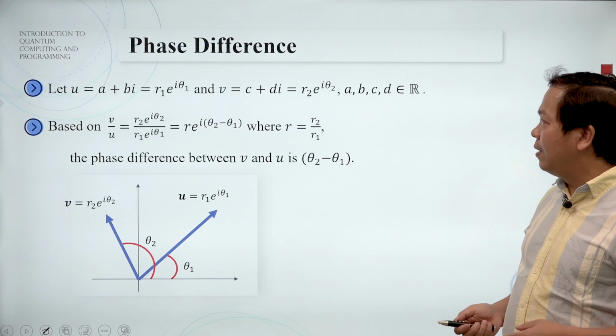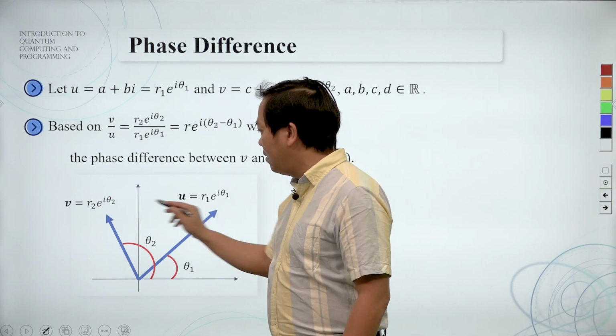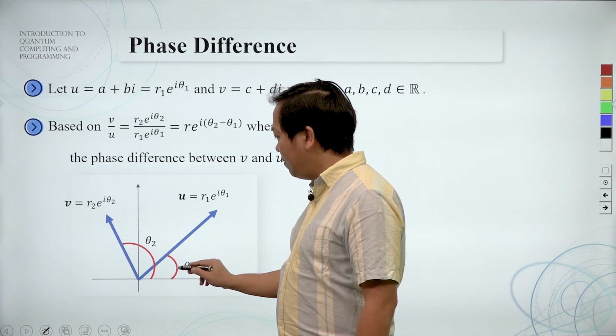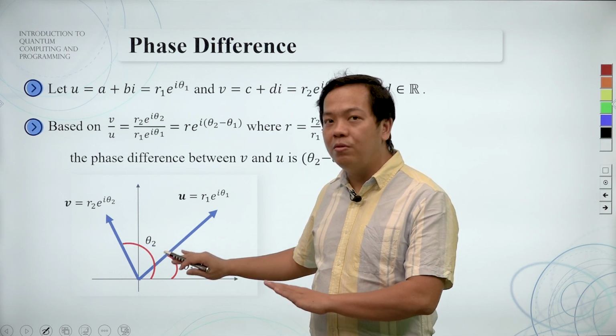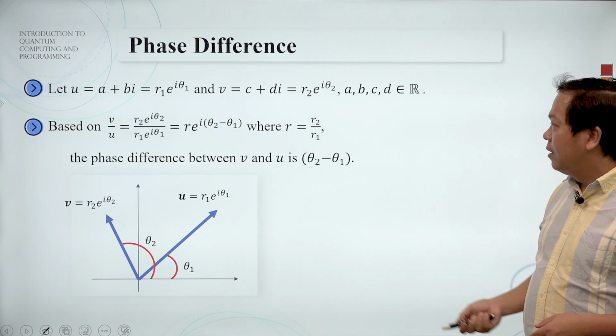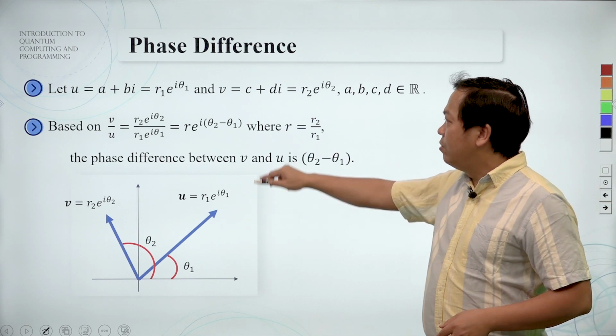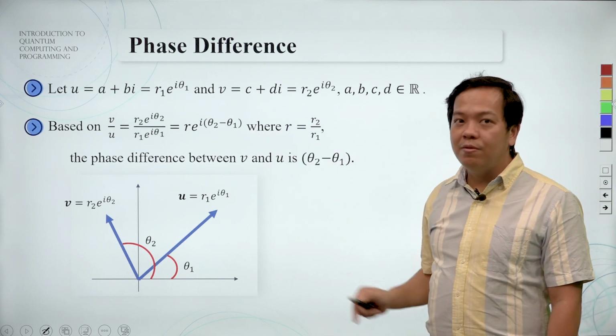And the phase difference. Actually, phase difference means we have two vectors, and we need to calculate the difference between the two angles. So this is a formula to calculate it. Actually, we can calculate the phase difference between the two vectors based on dividing the two vectors.